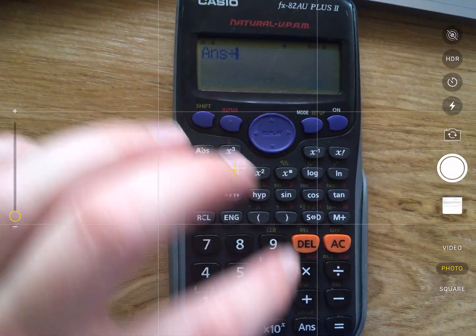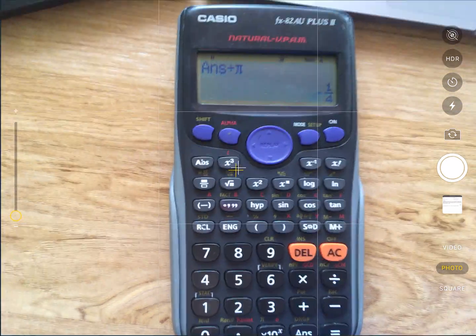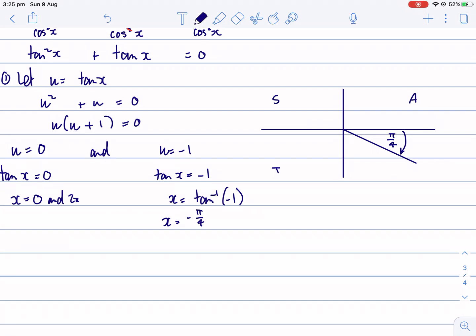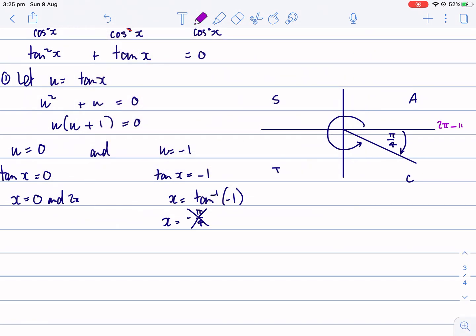But if we divide that by pi, it's negative pi on 4. Negative pi on 4 is the same as going down this way. So instead of writing negative pi on 4, we write all the way around. So we've got 2 pi take pi on 4, that's 2 take 1 quarter is 7 on 4.